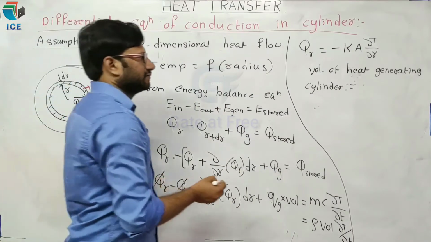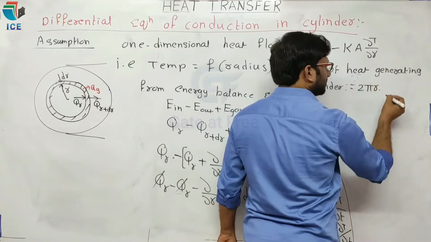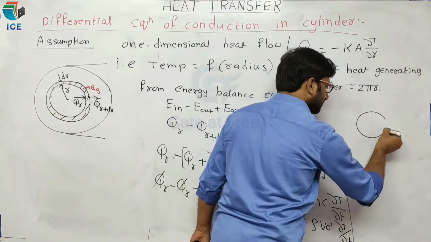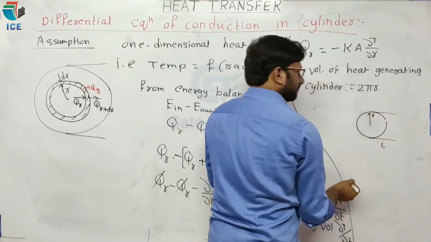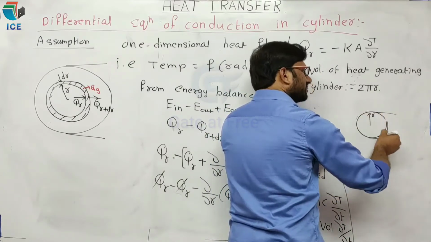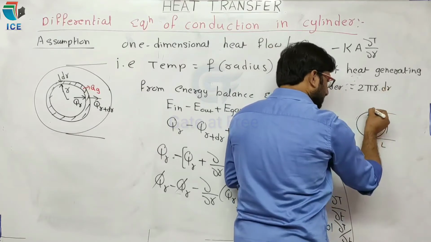Can I write 2 pi r into, now listen here, 2 pi r is the circumference, 2 pi r into the thickness of the ring.